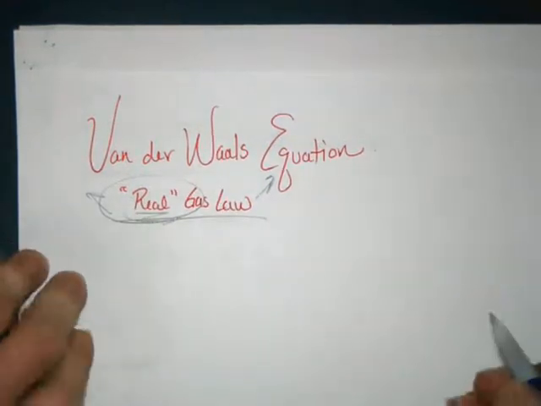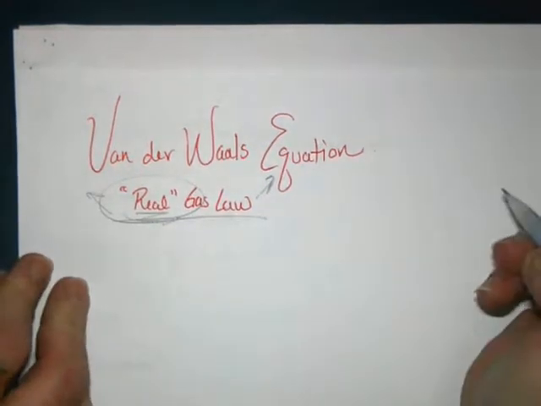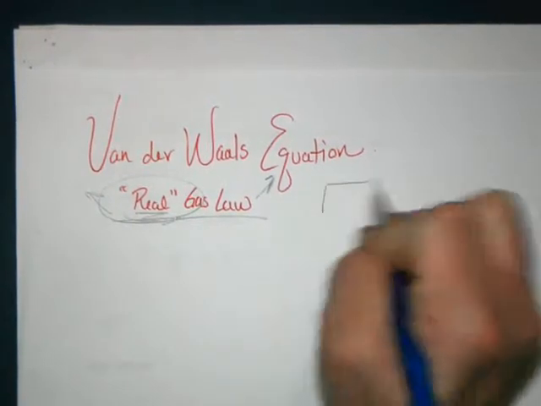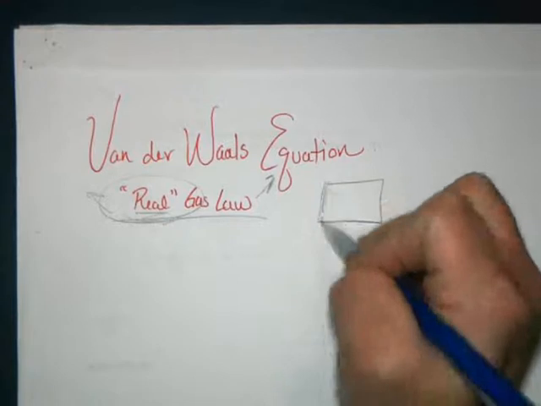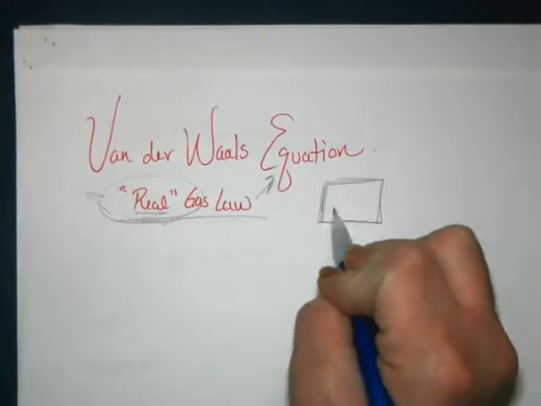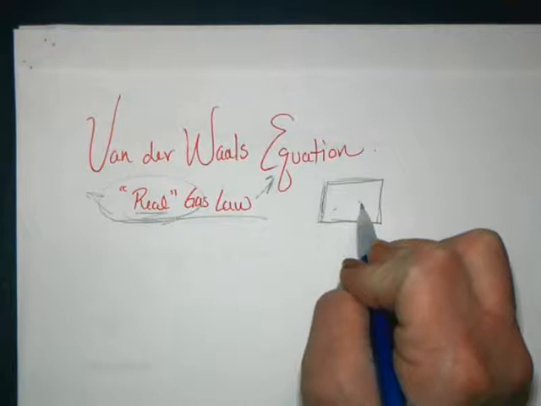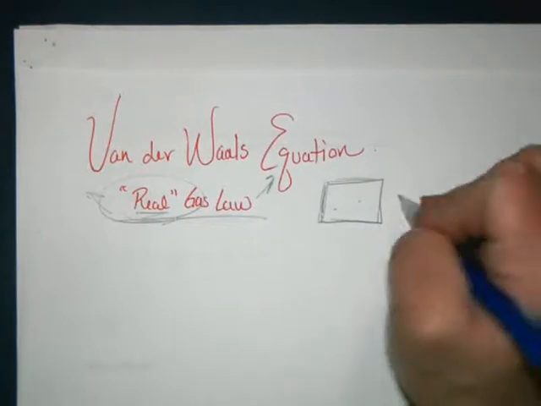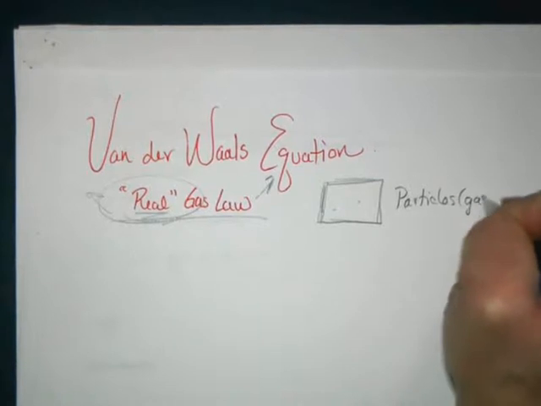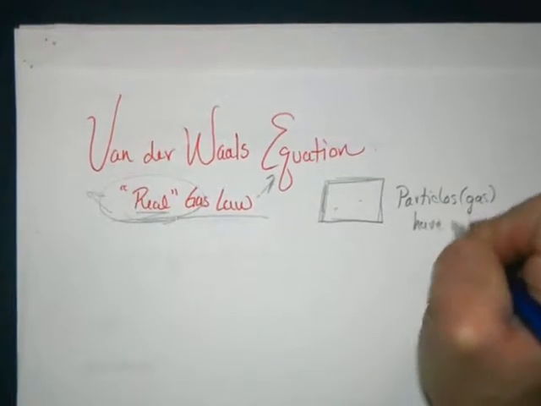If we remember, the kinetic molecular theory gives a perfect description of an ideal gas, saying that gases are composed of mainly empty space, that the distance between the particles is so great that we can ignore the volume the particles have themselves. So the gas particles have no volume.